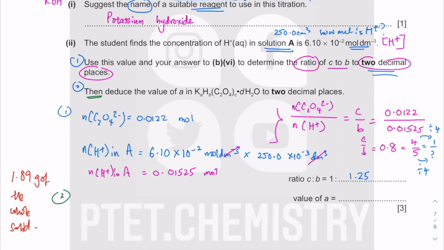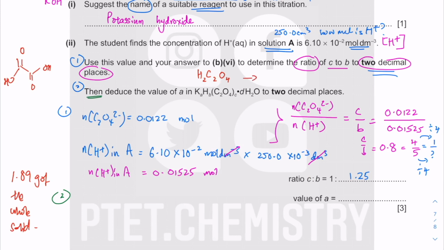What did we start with just now? We started from C2O4H2, didn't we? Like that. And now we know that C is to B. Okay, I think I see it.